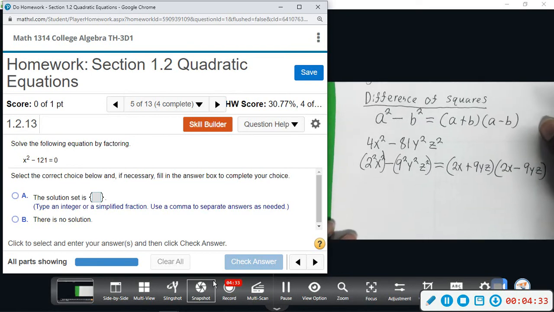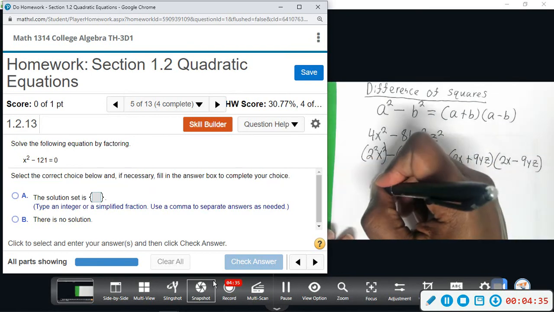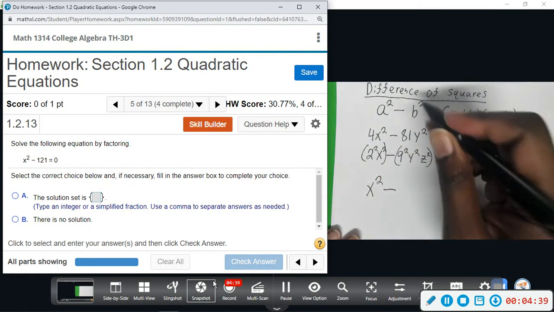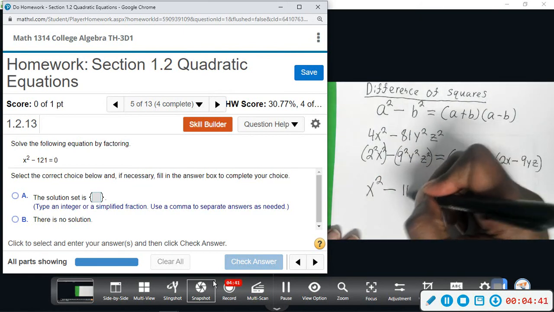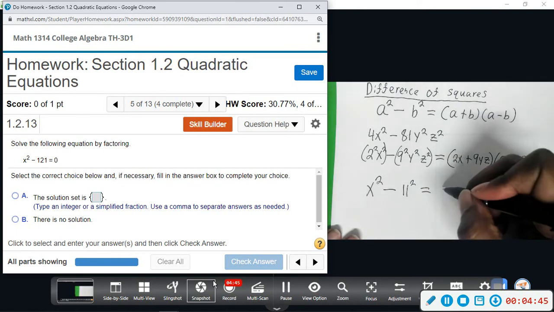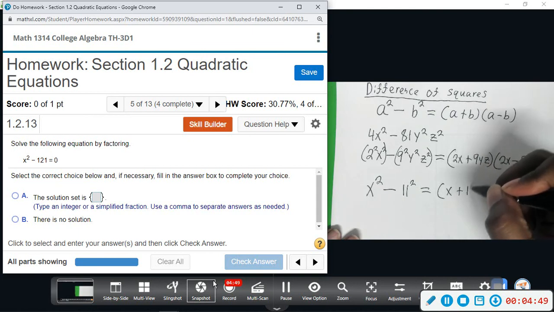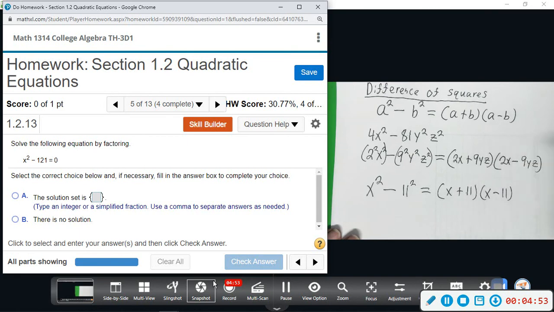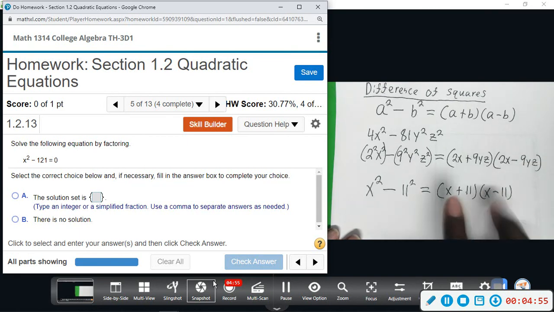All right, so let's do our actual problem. x squared minus 121, that is 11 squared. So that is x plus 11 and x minus 11. Also note, it does not matter if you change the order.